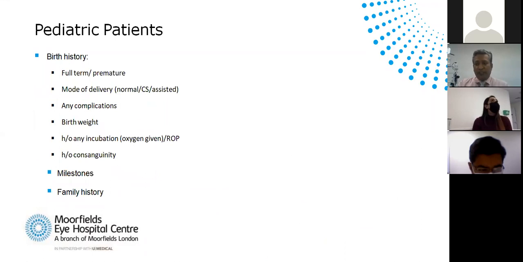Now, we get a lot of pediatric patients, and this pediatric patient information is not only for ophthalmic cases. In my opinion, even in the general peds area, this information will be helpful.